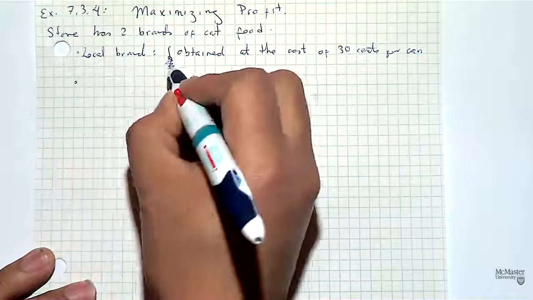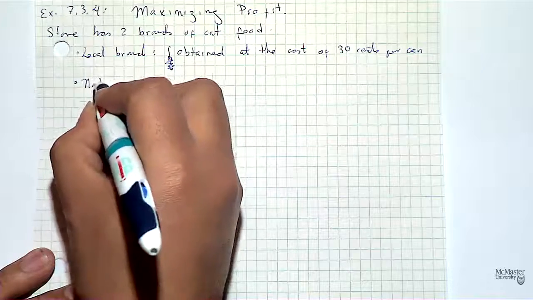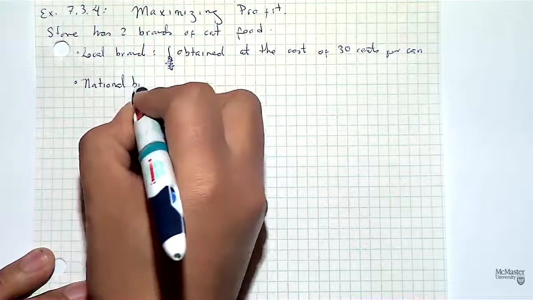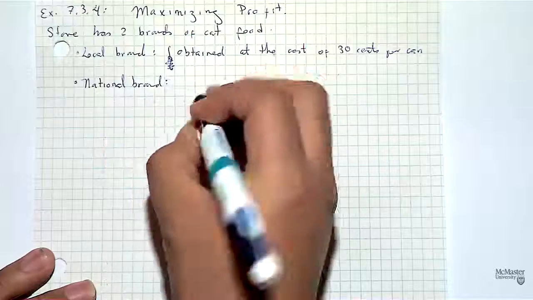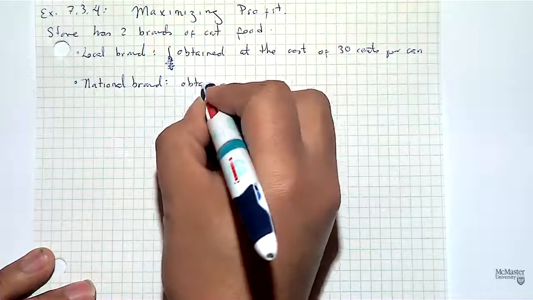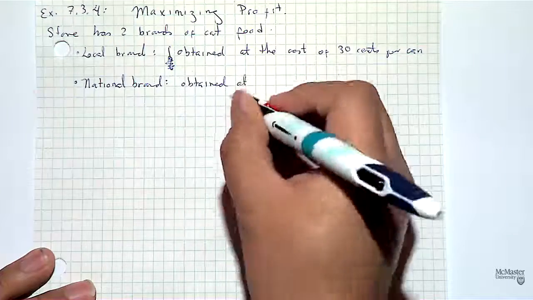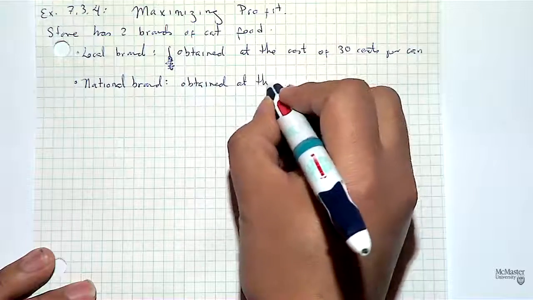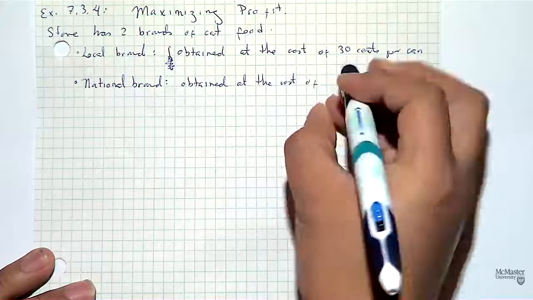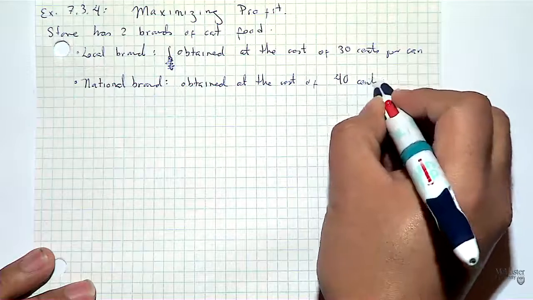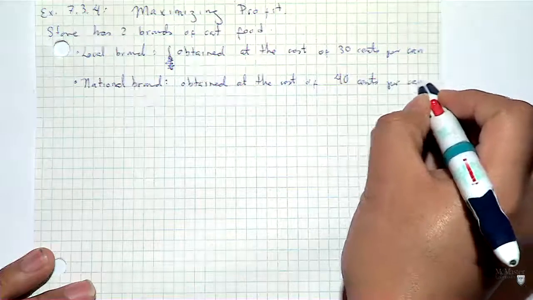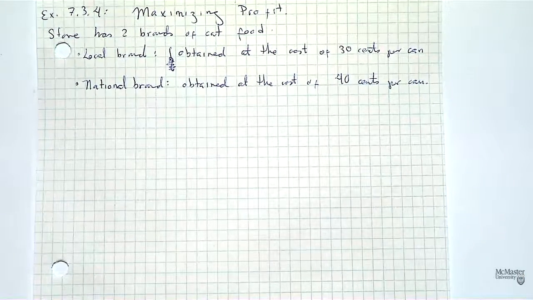And then you have a national brand that is obtained at the cost of 40 cents per can. So that's the price at which, let's say you are the store, right?